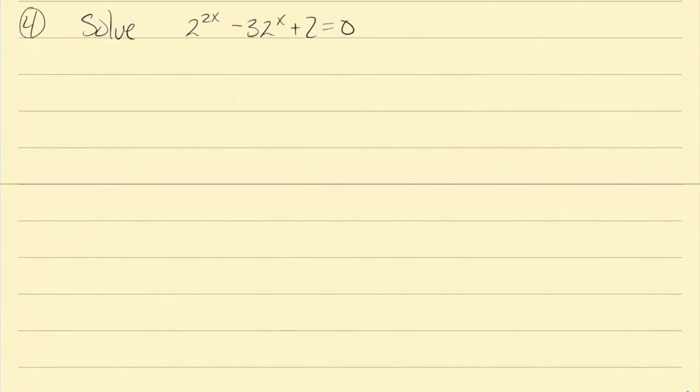We can also solve equations involving exponentials now that we know logarithms. We can recognize that 2 to the 2x power is the same thing as 2 to the x, squared. So we can think about this like a polynomial equation of degree 2. We can rewrite and factor.